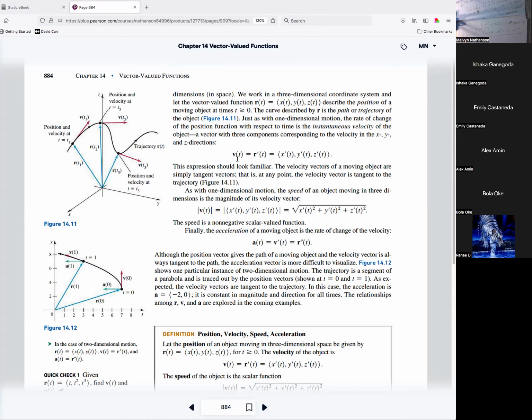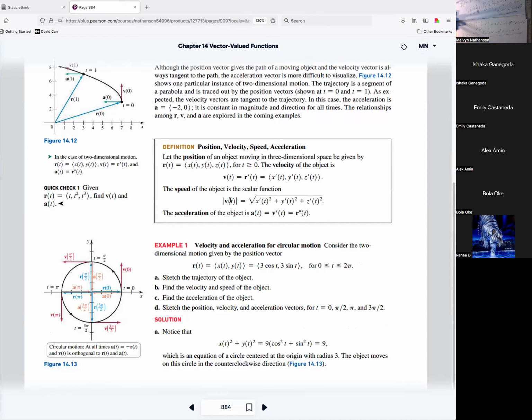And if you differentiate the velocity, so that's like taking the second derivative of the position, you get a vector that is called the acceleration. Those are the three basic expressions in elementary mechanics and beginning physics: position, velocity, and acceleration. Those are vectors, and speed is just the absolute value, the magnitude, the length of the velocity vector.